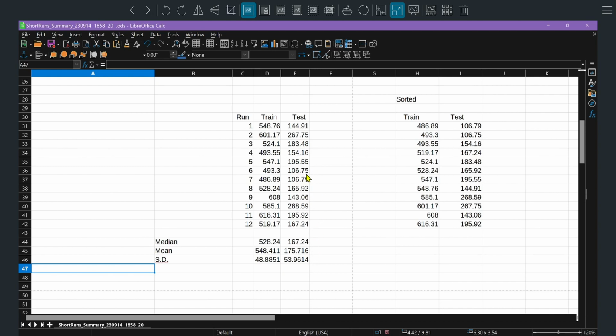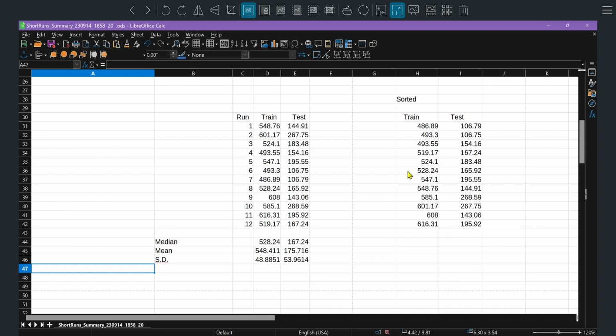So you do have some that returned like 106, which would be a 6% return. And then there's others that went as high as 268% return. So roughly 1.5 times what was invested.